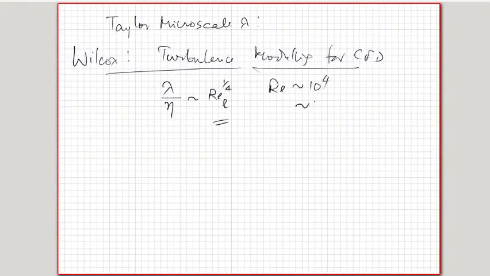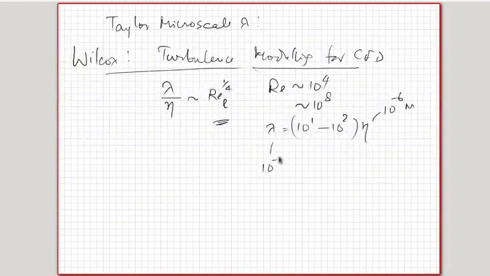And if you are dealing with RE of the order of 10 to the power of 8, this becomes 100. So you are in the range of lambda is equal to 10 to the power of 1 to 10 to the power of 2 times eta. And this eta we said is of the order of 10 to the power of minus 6 meters. So this fellow will be of the order of 10 to the power of minus 4 to 10 to the power of minus 5 meters.